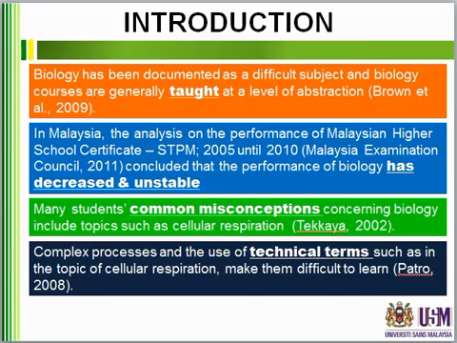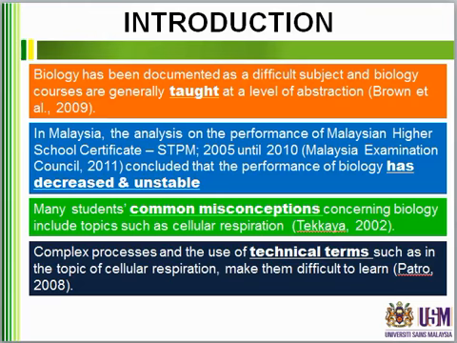Biology has always been documented as a difficult subject because it is generally taught at a level of abstraction. And in Malaysia, the performance in the Malaysian Certificate of Education, abbreviated to STPM in Bahasa Malaysia, has decreased and is unstable, whereby in certain years the results are quite high, but in many years it has fluctuated.